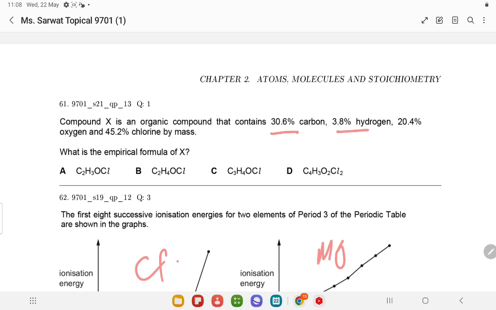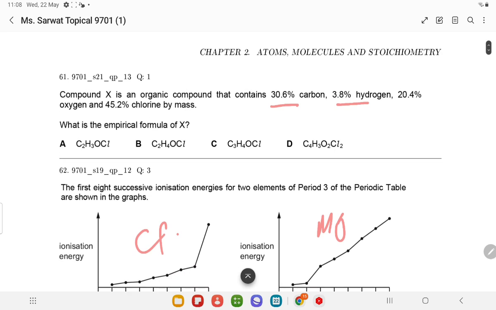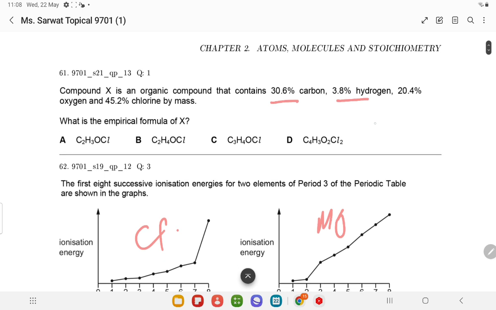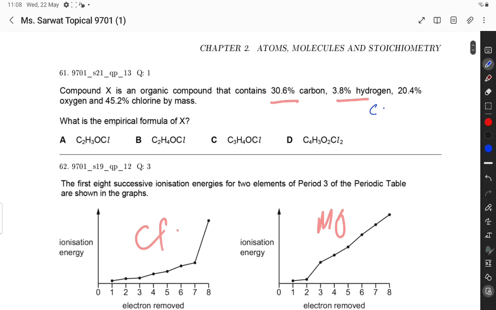So this is a very simple question. Compound X is an organic compound that contains 30.6% carbon, 3.8% hydrogen, 20.4% oxygen and 45.2% chlorine by mass. What is the empirical formula? You can calculate like this: carbon, hydrogen, oxygen, chlorine.